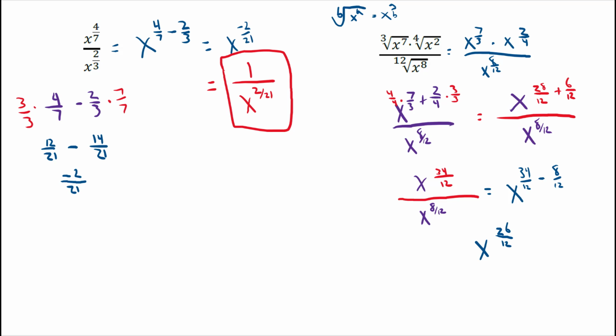But now we should be able to reduce this fraction a little bit more. We can divide 2 into both of those, so if we divide the numerator by 2 and the denominator by 2, we should get x is equal to 13/6. And that is our final answer.